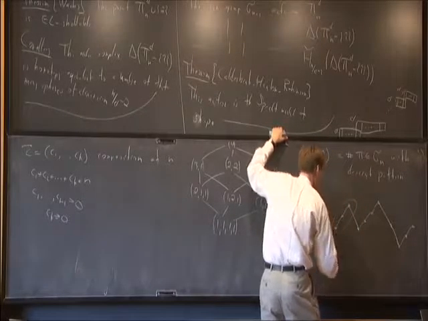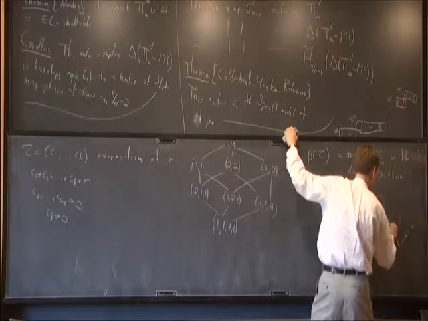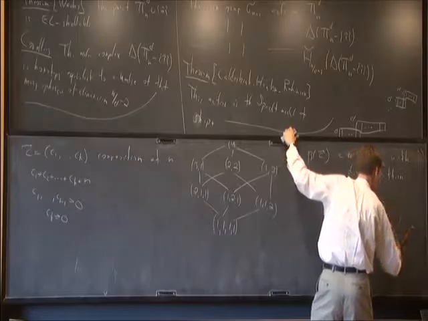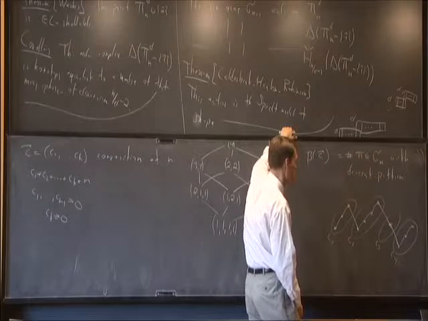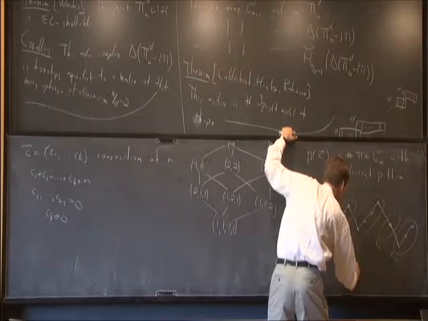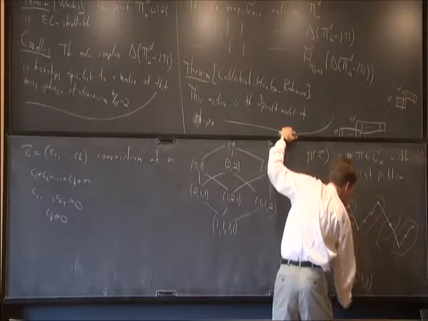This is going to be C1, this is C2, C3, and C4. So this is really the composition 3, 4, 1, 3.